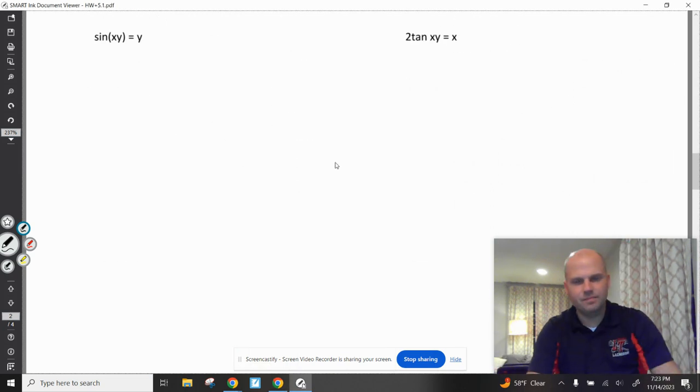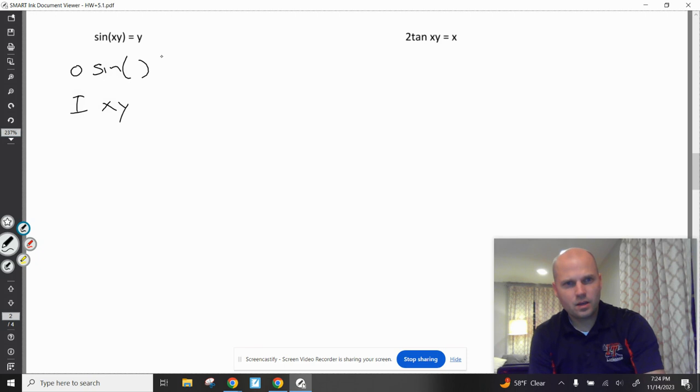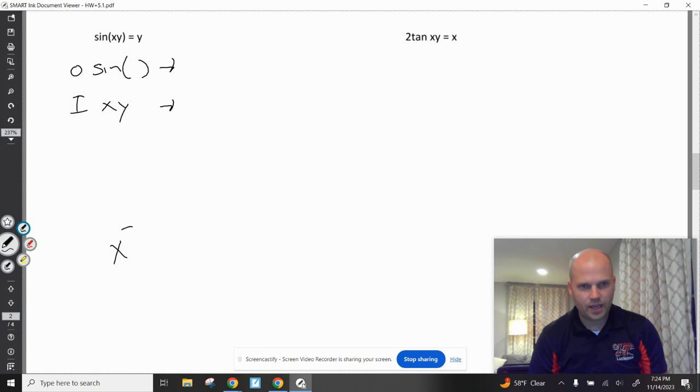All right. This I do see on your test. Like this is almost the exact same question as you see on a test. It is tricky because the inside being xy requires you to use the product rule. If anything, I would give you more of these where it's like x squared minus xy.